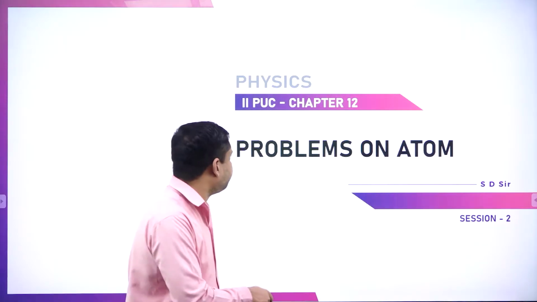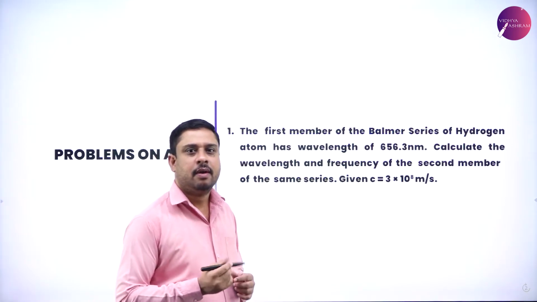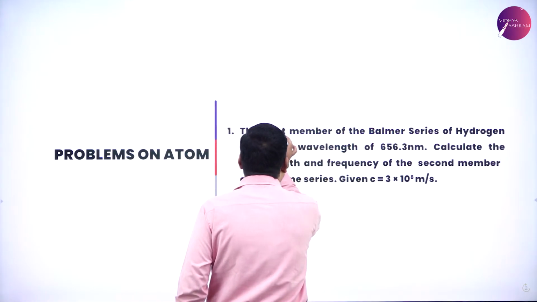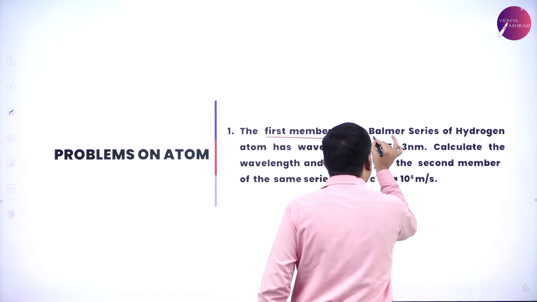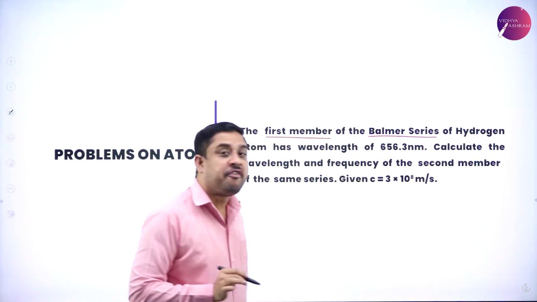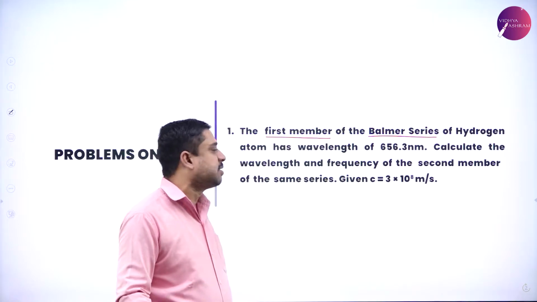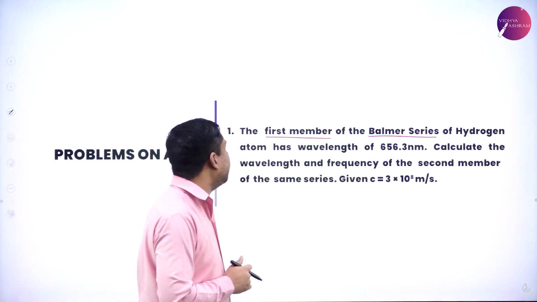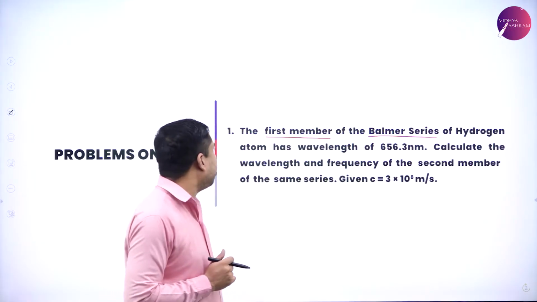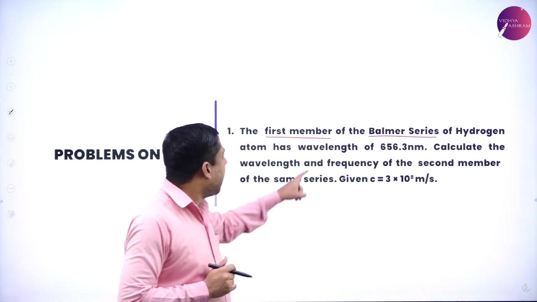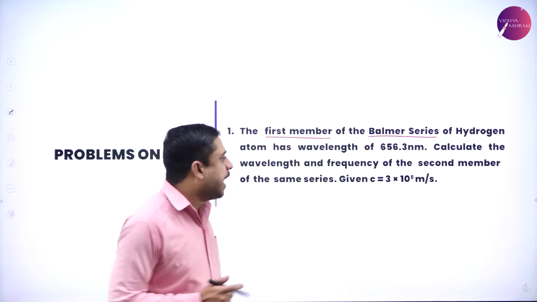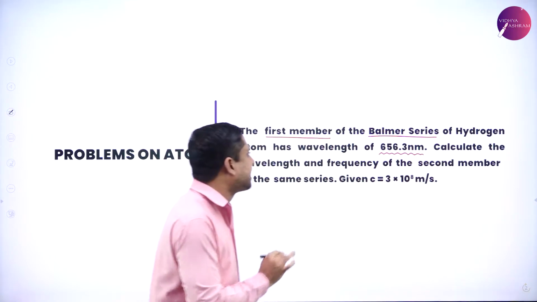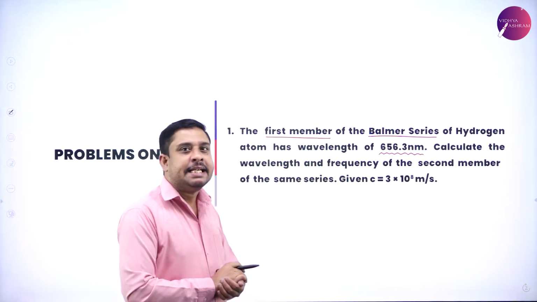The first problem. The first problem says the first member of Balmer series of hydrogen atom has a wavelength of 656.3 nanometer.